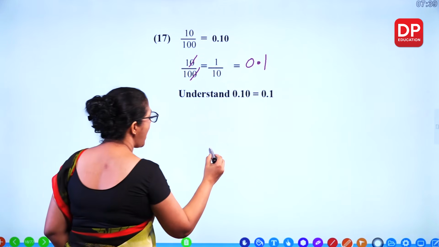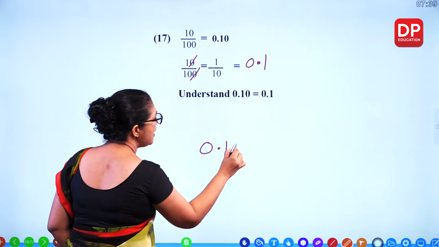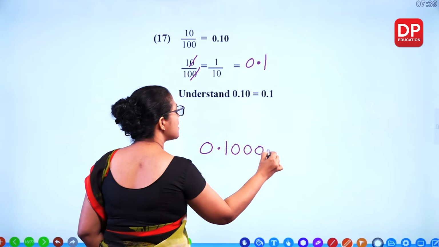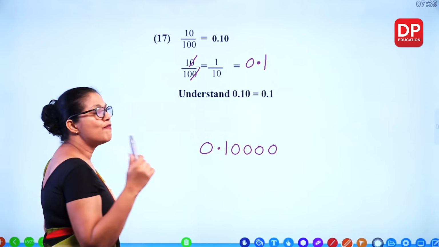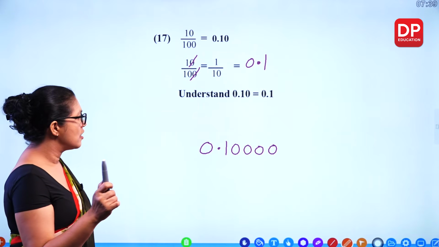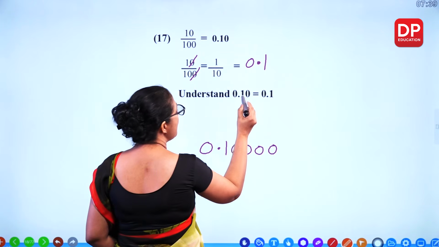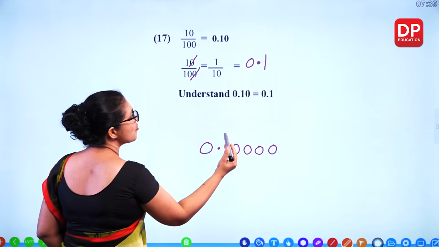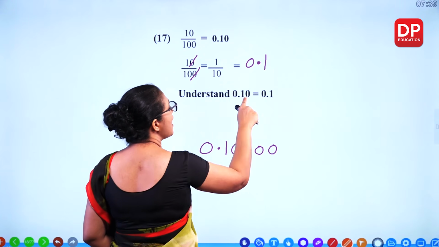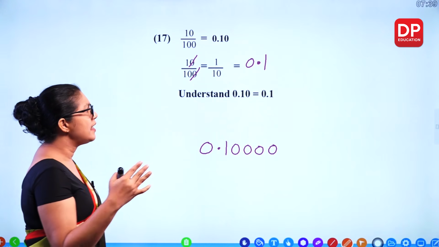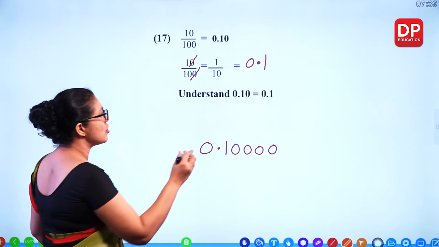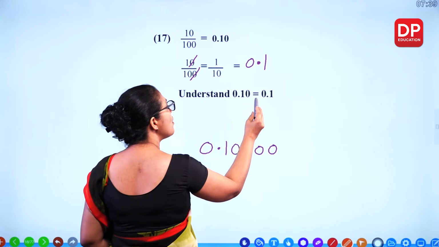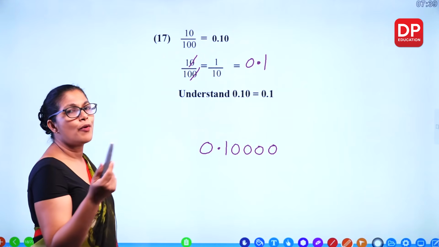You can add any number of zeros to the right side, the value doesn't change. You can't add other numbers to this side, then it's wrong. But zeros you can add after the decimal point, the value is not changing. So 0.10 is the same as 0.1.